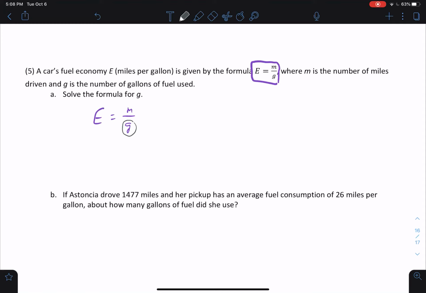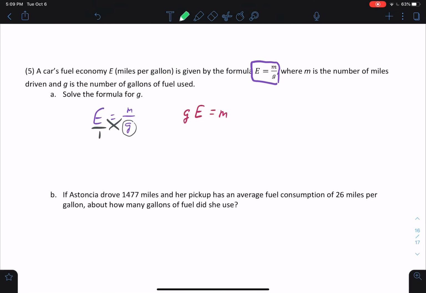So how do I get the G into the numerator? Well, one thing I could do is I could put E over 1 and I could cross multiply. If I cross multiply, I'm going to get G times E equals M times 1. And now the G's in the numerator, G's up top. There is no denominator anymore, which is great. But we've got to get the G by itself.